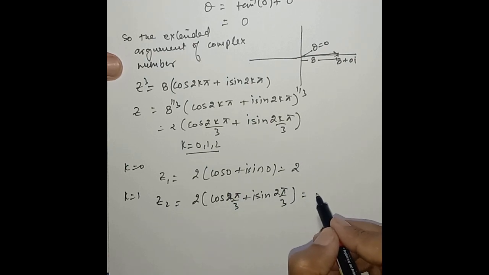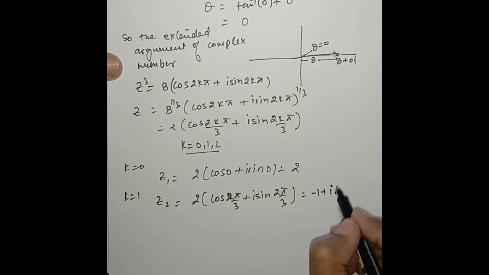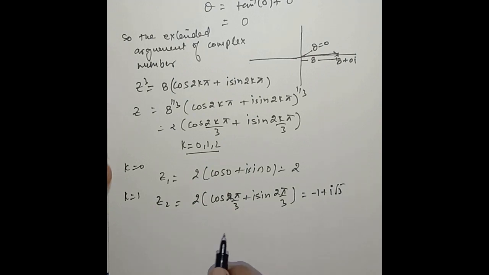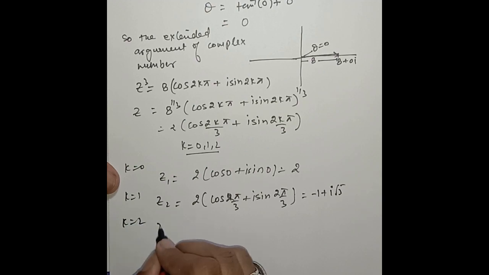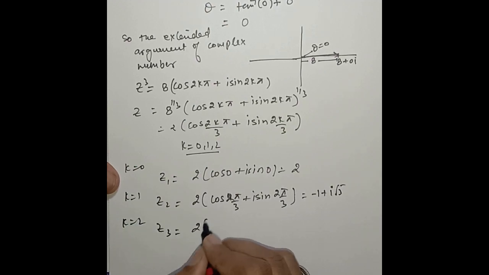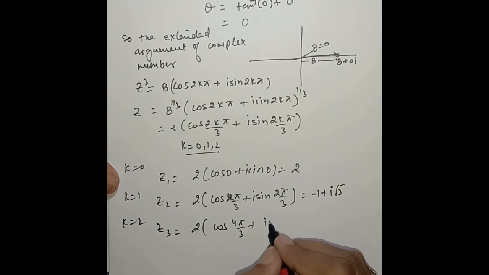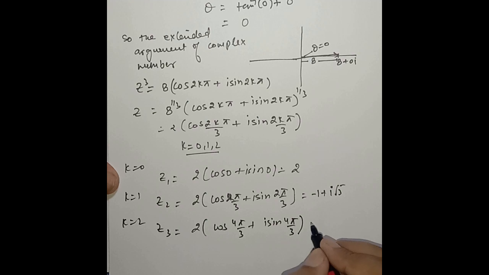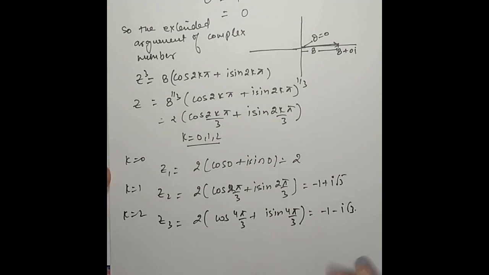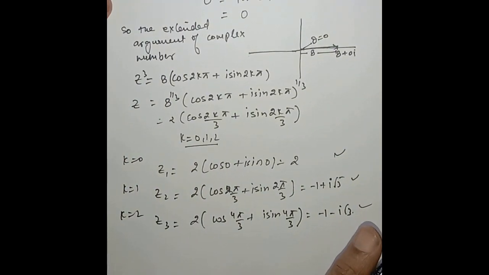This is equal to minus 1 plus root 3 i. And for k equal to 2, z3 is equal to 2 times (cos 4π/3 plus i sin 4π/3). This is equal to minus 1 minus root 3 i. So we have 3 solutions for this equation.